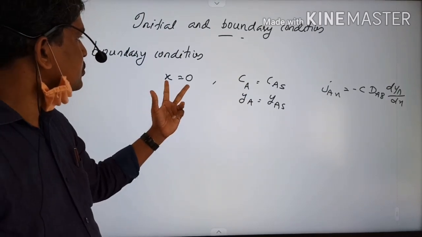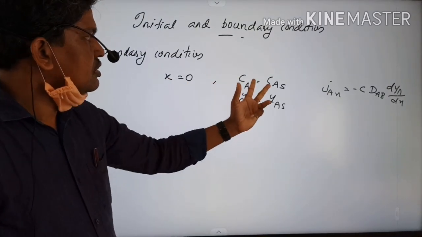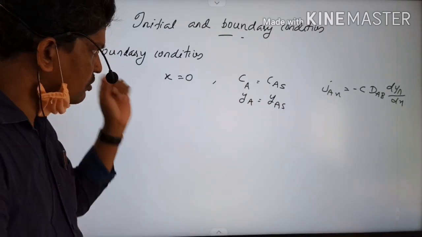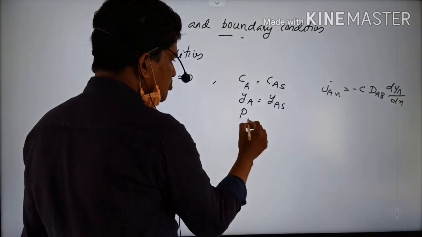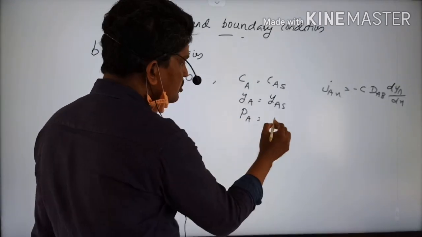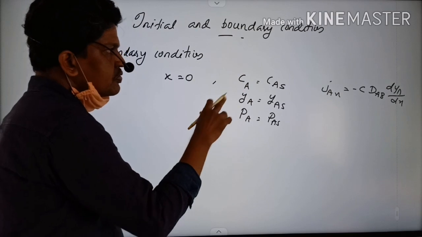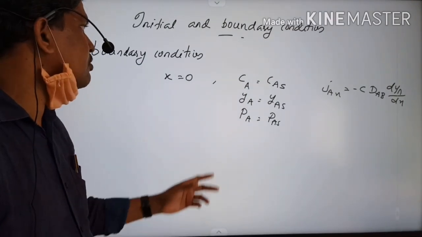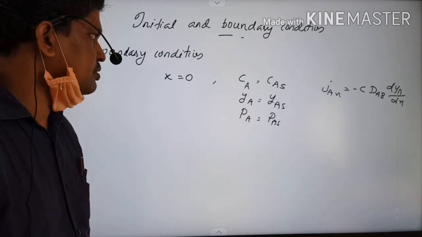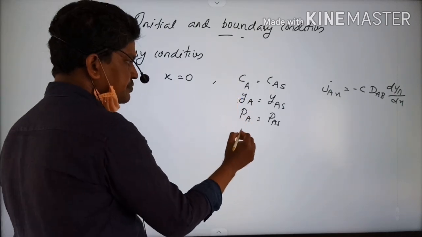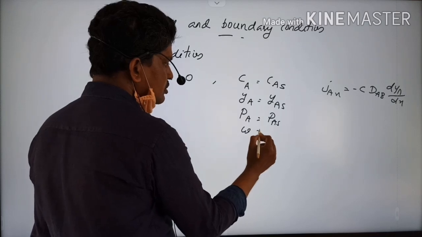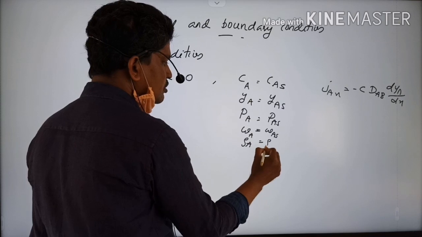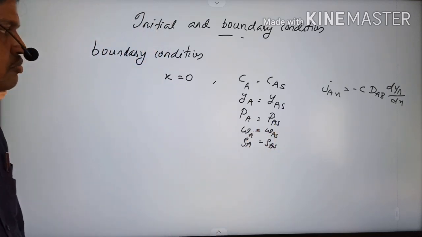So at x is equal to 0, at that surface, the concentration of A is CAS, or yA is equal to yAS, or you can write pA, the partial pressure of A, is equal to pAS. So for solving this equation, we need the boundary condition. At x is equal to 0, what will be the concentration or mole fraction? Or w is equal to wAS, or rho A is equal to rho AS. These are the boundary conditions.